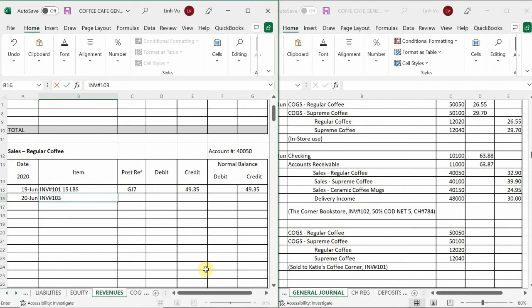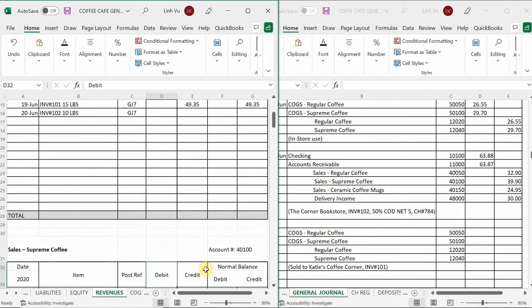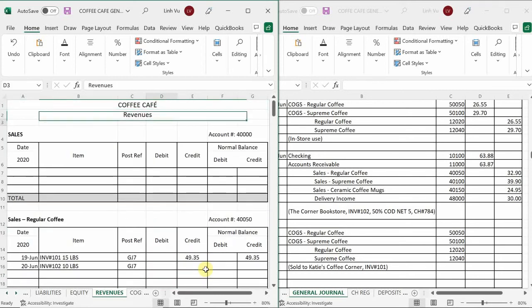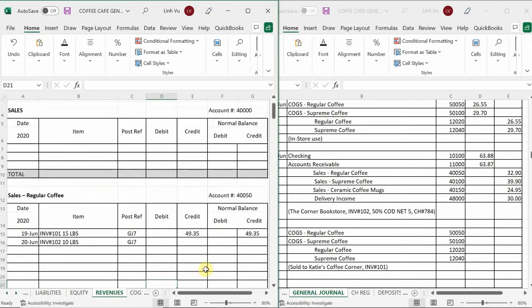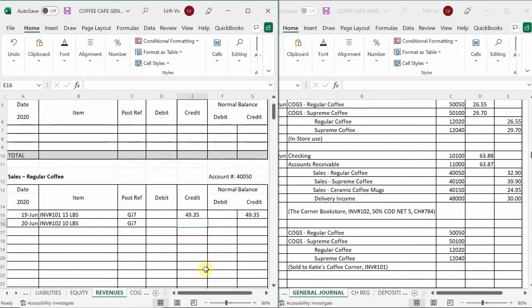And then it's 10 pounds. For $32.90. Yes.